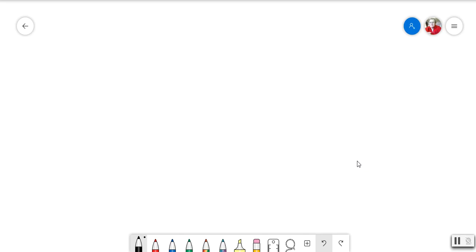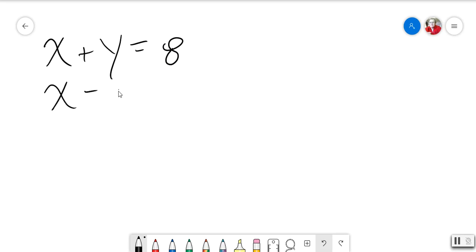Hello, Algebra 1 students. This is an example of how to do the types of problems you're working on right now, which is solving systems of linear equations by elimination. So suppose you have two linear equations, x plus y equals 8 and x minus y equals 18.